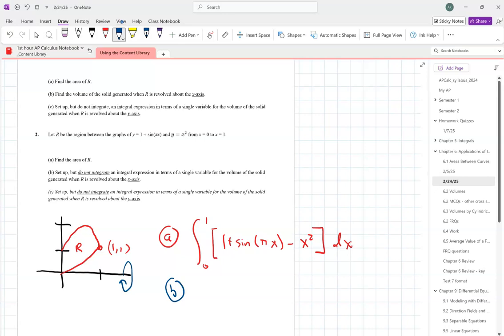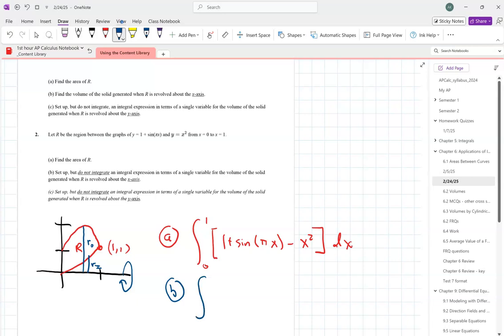So that certainly has a concavity to it. So I'm going to try to do this by using washers. My inner radius would be that, and my outer radius would be going to that function.